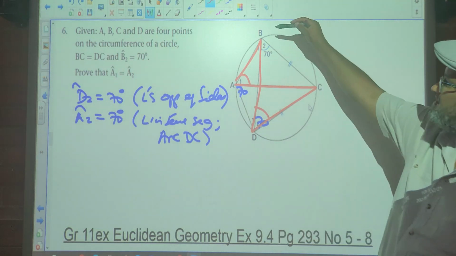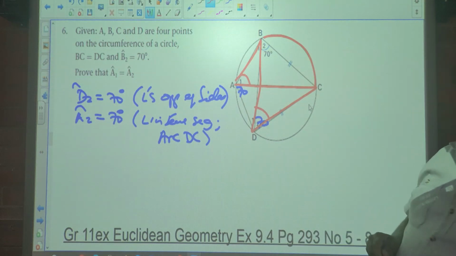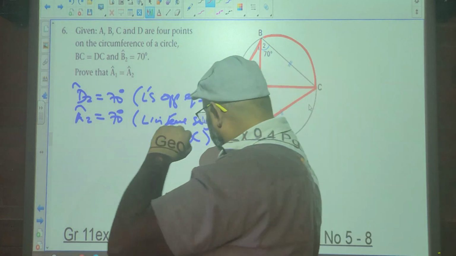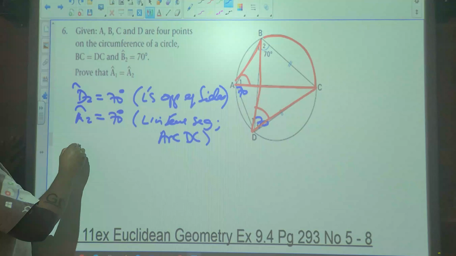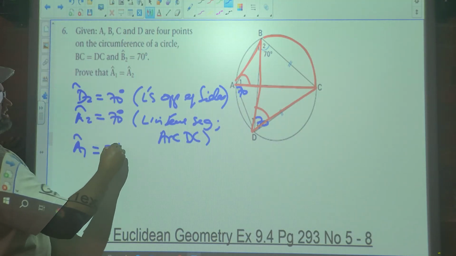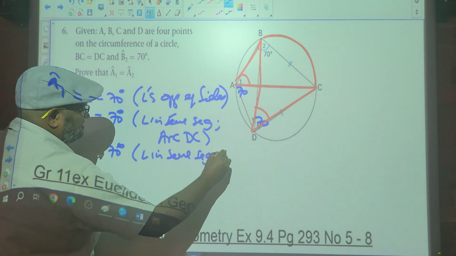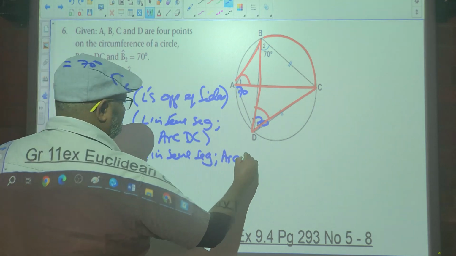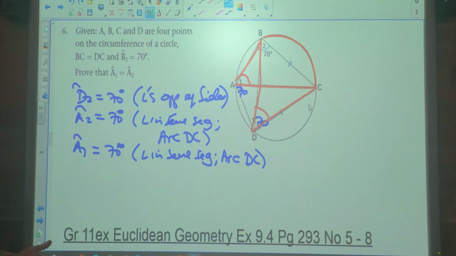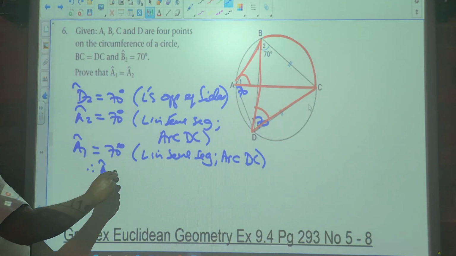And this is coming from arc BC. You all see that, people? So A1 is 70 degrees, angle in same segment, coming from arc BC. Have you answered the question? Not yet? So in conclusion, therefore, A1 is equal to A2.